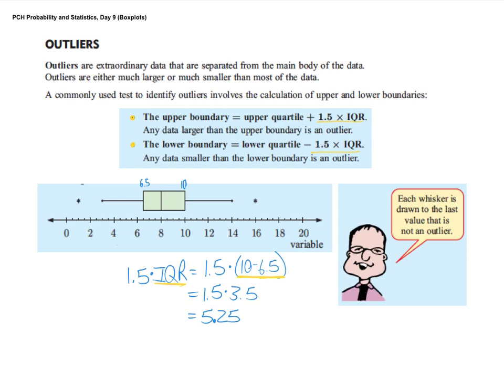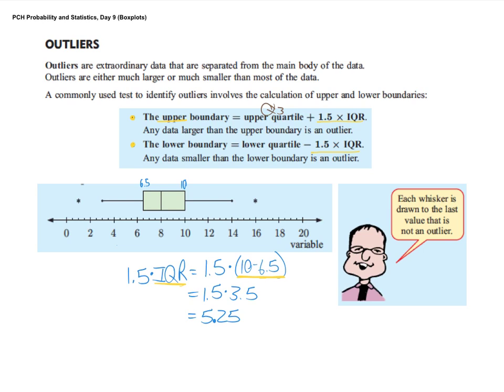So let's actually take a look at this, because one of the things you've got to make sure you do is that you're counting that 1.5 IQR, in this case the 5.25, from the right starting point. Notice here it says the upper boundary. The upper boundary is the upper quartile, that is your Q3, plus 1.5 times the IQR.